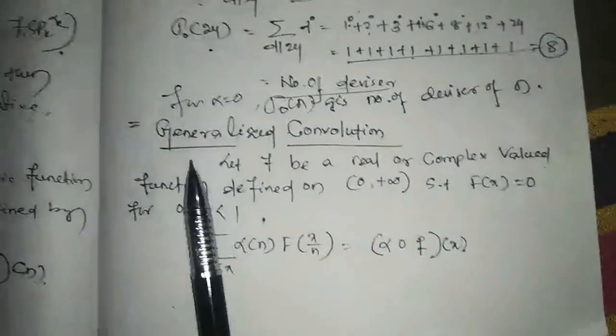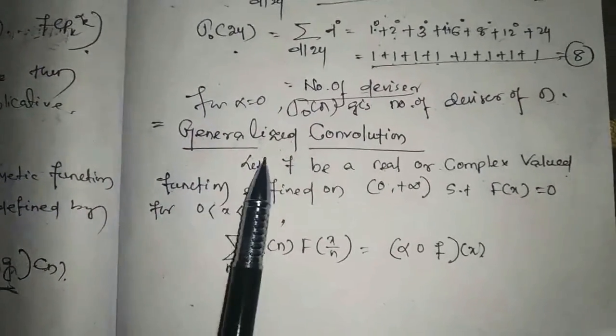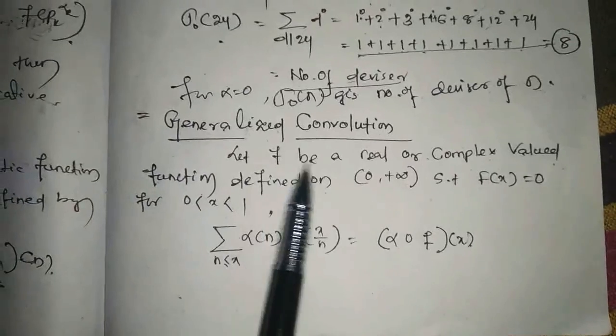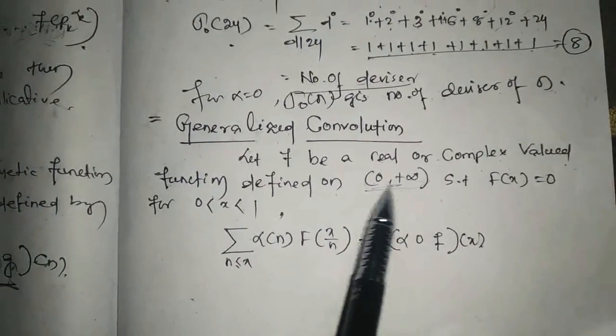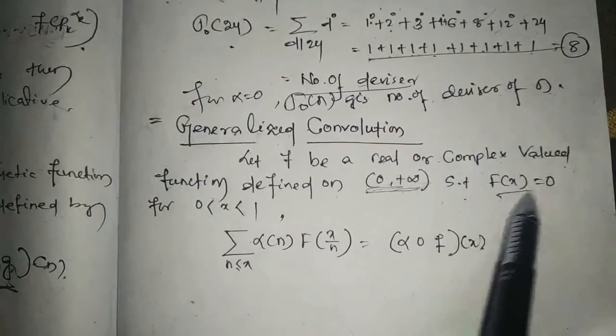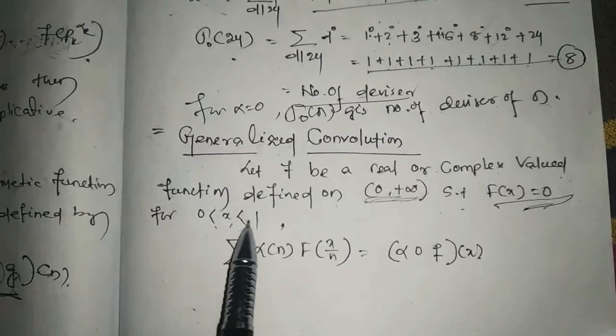Now our third function, the last in this video, is the generalized convolution. Let f be a real or complex valued function defined on the positive real axis such that f of x is equal to 0 for 0 less than x less than 1.